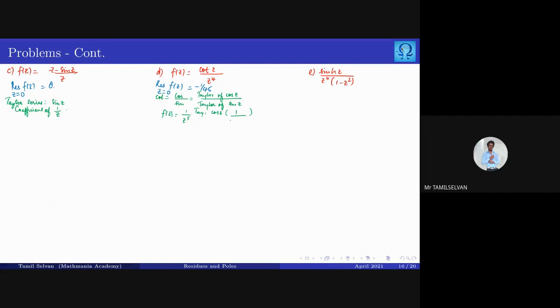So we'll have some series in z here, right? You will have to take it to the numerator. By this I mean you will have to apply your Laurent series expansion for this. You just take it to the numerator, do the simplifications, and finally look for the coefficient of 1 upon z, right?